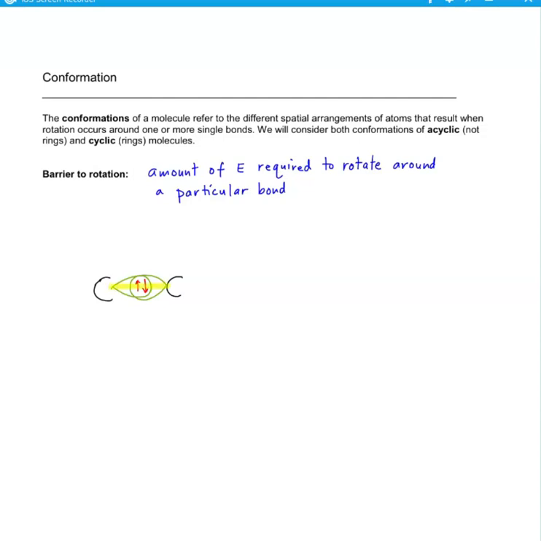Now, because this is a sigma bond, the bond density is along the internuclear axis. And so you can rotate around that bond without disrupting the bond. So rotating around single bonds does not disrupt the overlap of the orbitals involved in the bond.